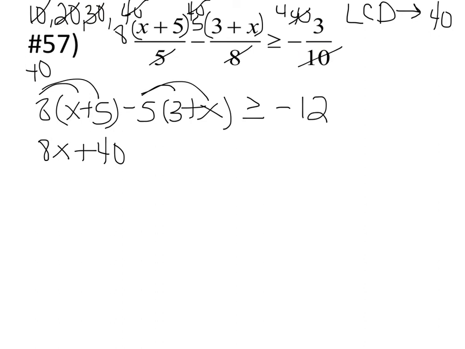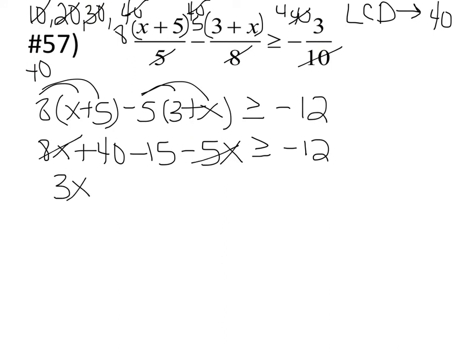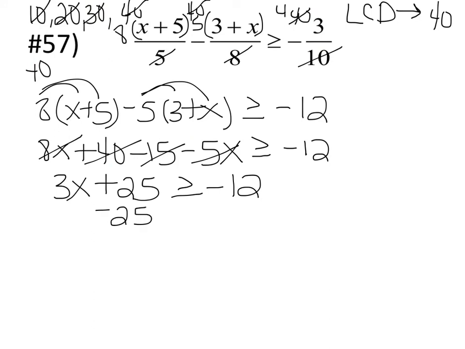Negative 5 times 3 is negative 15. Negative 5 times x is negative 5x, is greater than or equal to negative 12. Combine like terms. 8x minus 5x is 3x, and 40 minus 15 is 25, is greater than or equal to negative 12. Now we're going to subtract 25 from both sides.